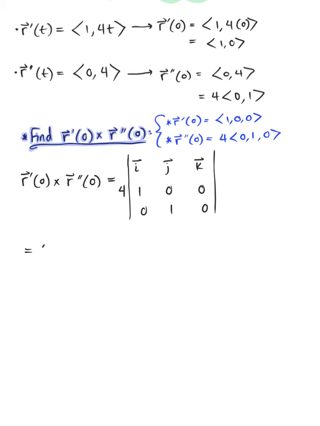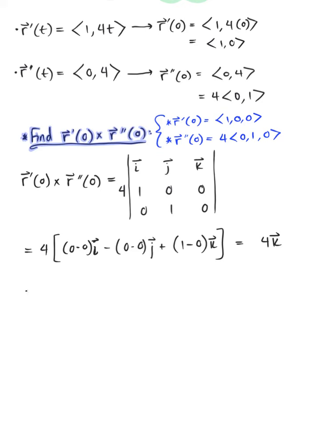This is going to leave us with 4 multiplied by 0 minus 0 i hat, minus 0 minus 0 j hat, plus 1 times 1 is 1 minus 0 k hat. So we're left with just 4 k hat.